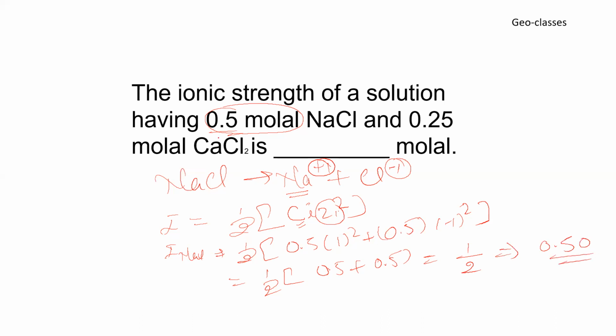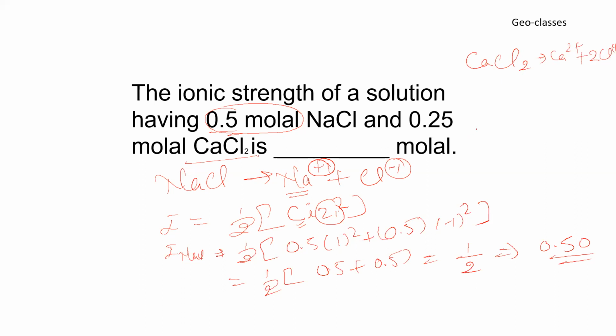So we have calculated for NaCl, and now we'll calculate for CaCl2. If you look at CaCl2, it breaks into Ca2 plus and 2 Cl minus 1. So Cl has to break like this.